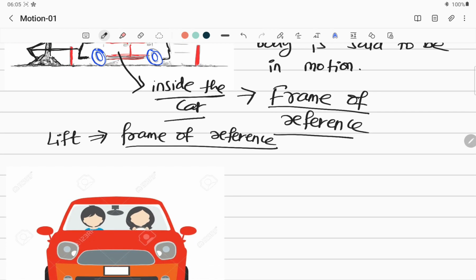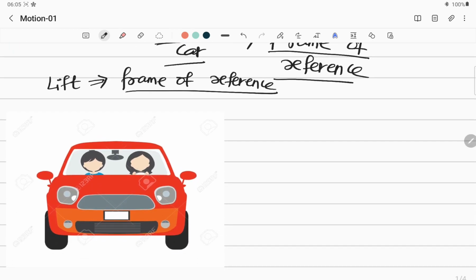All right, let me give you one more example here. For example, let me put a smile on this person's face, and one more smile on this person's face. This is person A and this is person B. Now both are sitting inside the car.